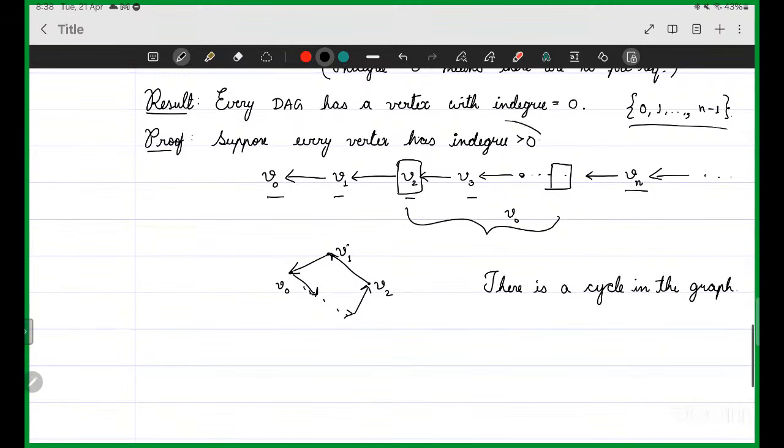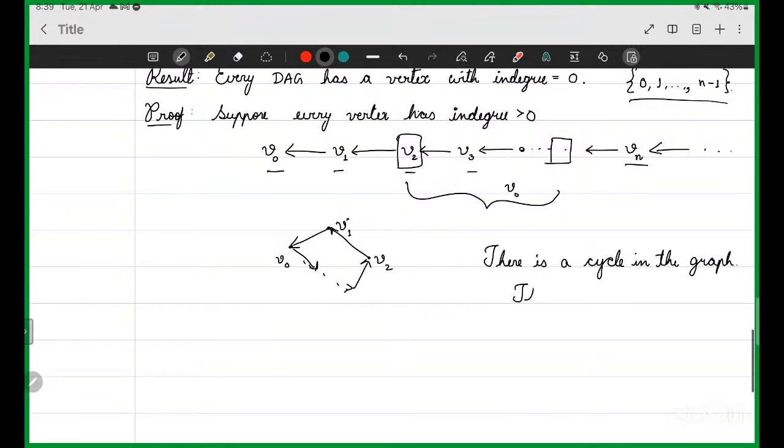So this assumption that every vertex has in degree greater than 0 is not possible because that would imply that there is a cycle in the graph, which is not true. Is that fine? Yes. This is not possible.